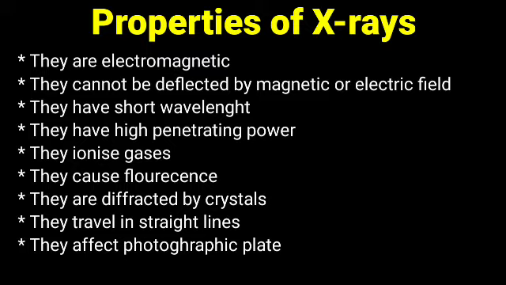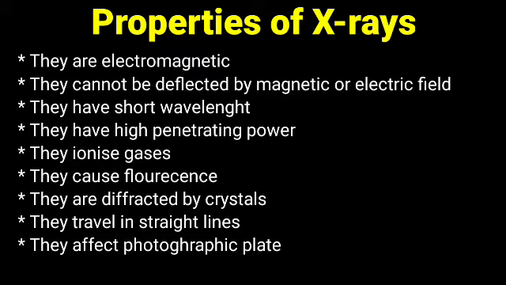X-rays have no charge. When they make contact with materials, they ionize them. They cause fluorescence in materials such as rock salt, calcium compounds, or uranium glass.